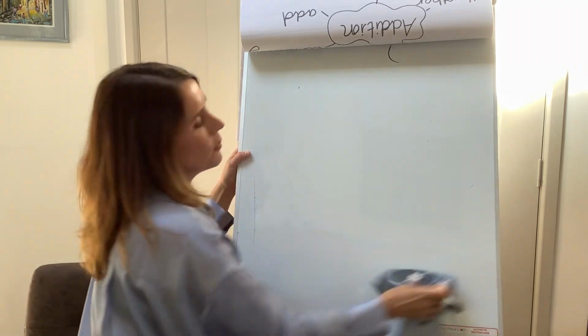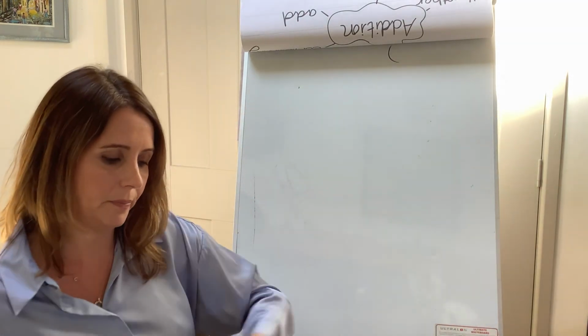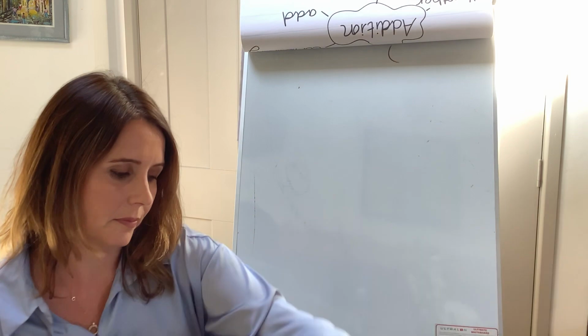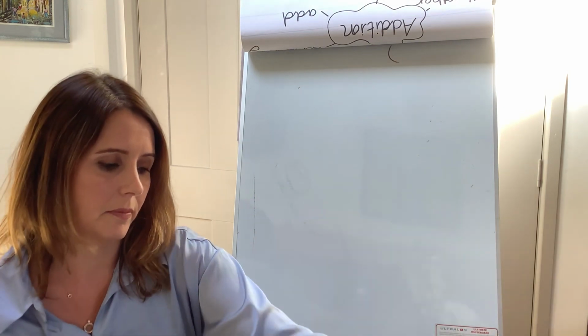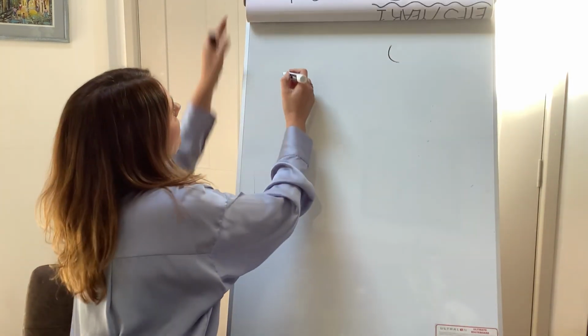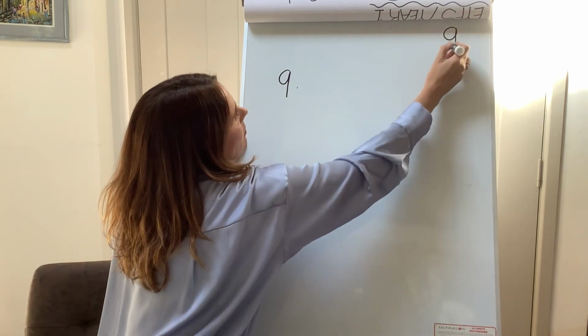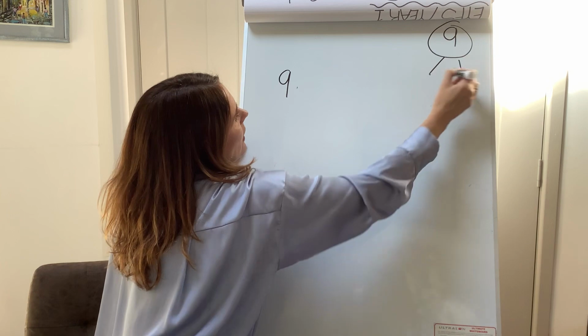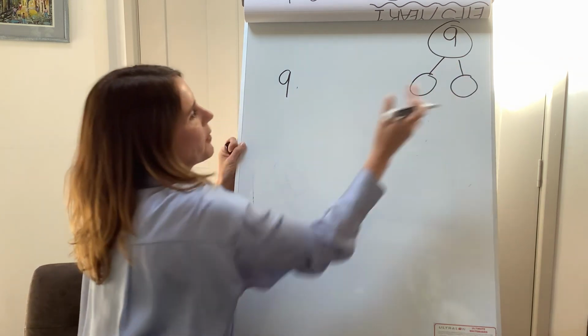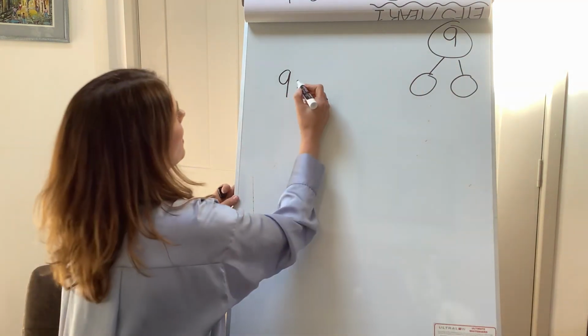So what we can do is start with the nine buttons we had. That's the whole. And what can we have as the 2 parts for the 2 shirts?